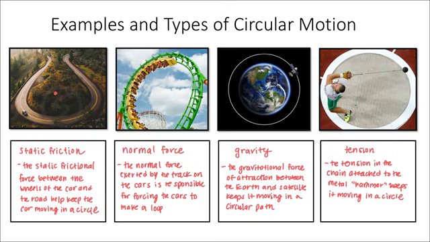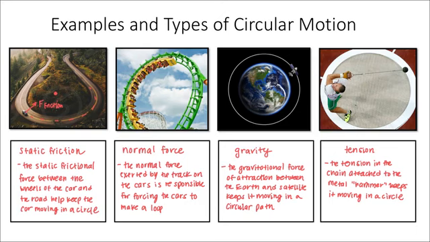So the car is traveling along a curved path that is outside of itself. The car itself is not rotating, and the car is traveling in a circular path. And we'll see in a moment, we can think about the force causing circular motion as pointing into that circle. So this would be the force of friction pointing into the circle, and we'll take a deeper look at that in just a moment.